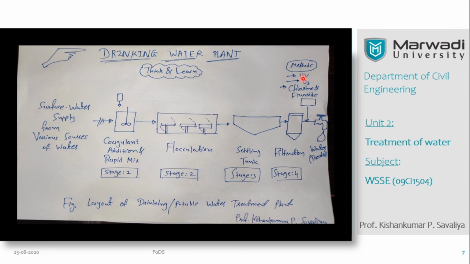A ray of ultraviolet light is passed through the solution to kill all the bacteria which are harmful to the drinking water. Then ozone has a similar function: it will attract the bacteria and then kill them. Finally, we add chlorine, fluorine, etc. in this additional treatment, and at the end you get the treated water. Now this water is distributed to the distribution network of a city or any particular area.